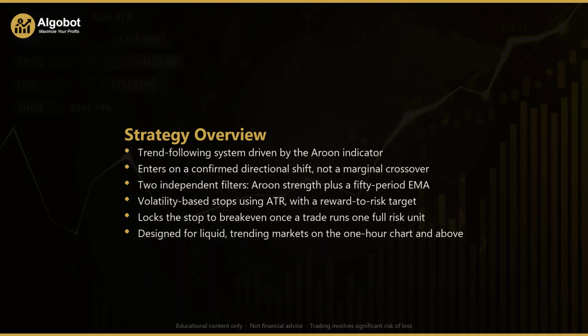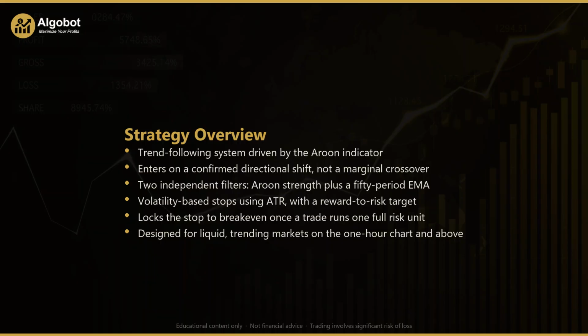But a crossover on its own can be noisy, so the strategy adds two layers of confirmation. First, the winning line has to be strong, reaching a threshold of 70, which tells us one side is genuinely making fresh extremes rather than drifting sideways. Second, the closing price has to agree with a 50-period exponential moving average, giving an independent read on the underlying direction.